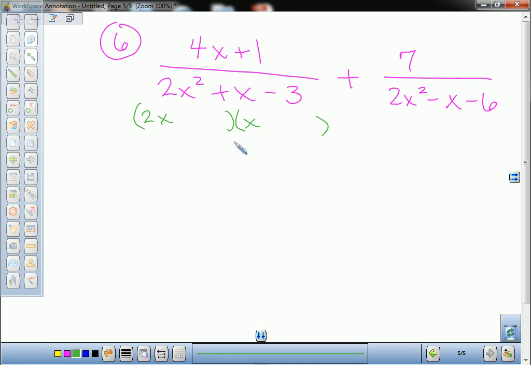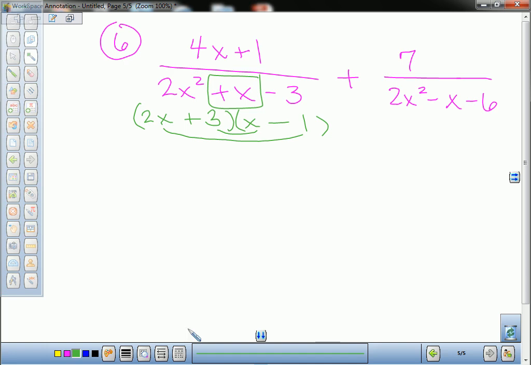Now, what we have to do is play with it, though, because we want this product plus this product to equal 1. So we want a positive 3 and a negative 2. A positive 3 and a negative 2x makes what?